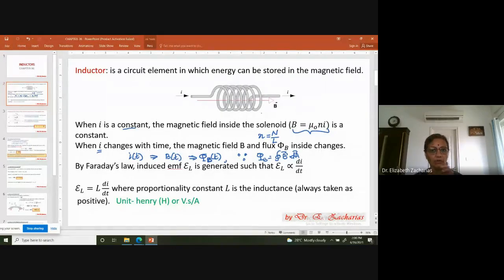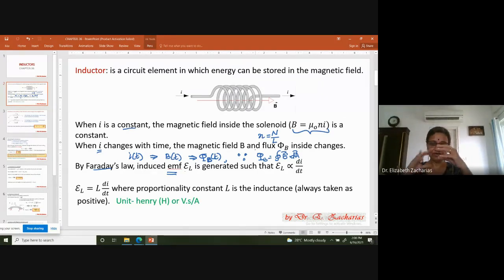Okay, and now with this, I want you to quickly go to your Faraday's law. What does Faraday's law say? It says that if you change the magnetic flux, there will be an induced EMF. So here what is happening is, you have a coil and the coil is itself changing the flux through it.